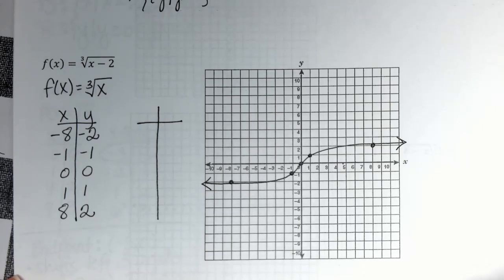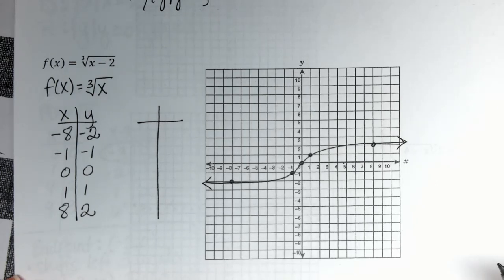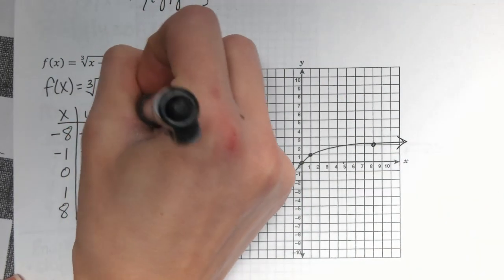Okay, if I'm looking at my transformation function, cube root of x minus 2, that's happening to my x. What do I put in my table? x plus 2. It's the opposite of.